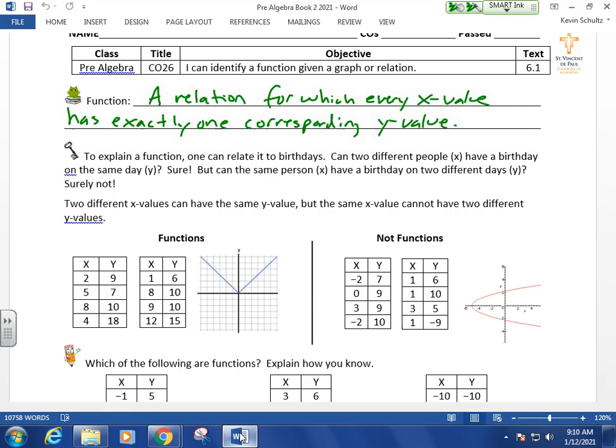A relation for which every x value has exactly one corresponding y value. Or for which every input, because x values are the input, has exactly one corresponding y value, which is also called the output.